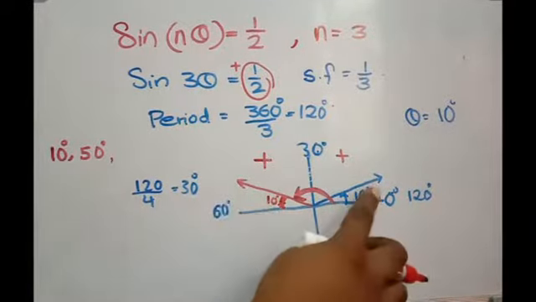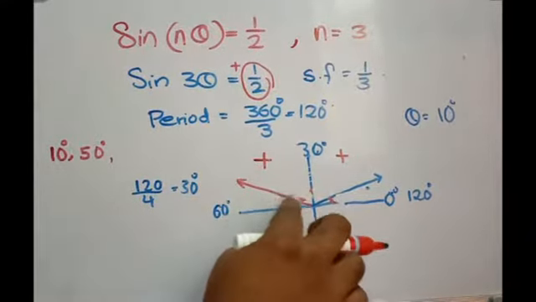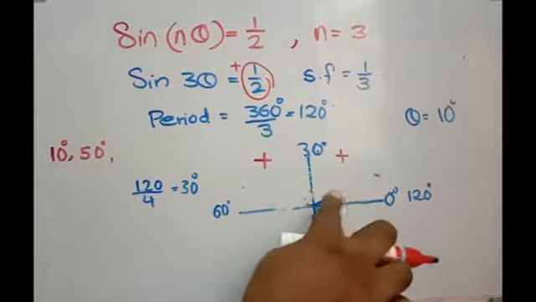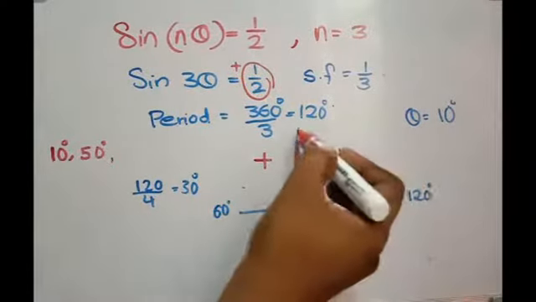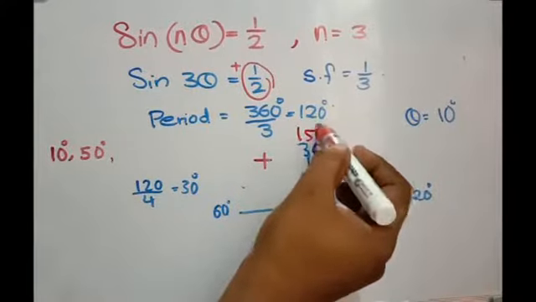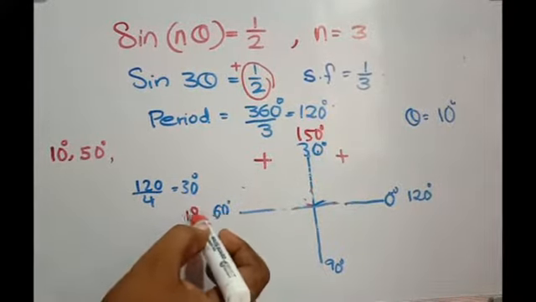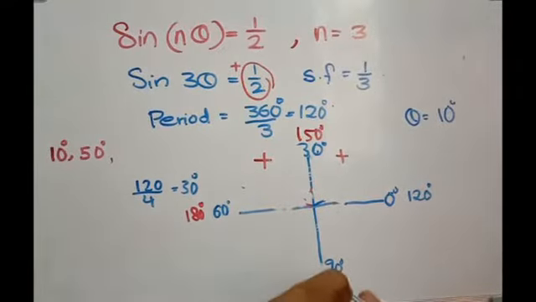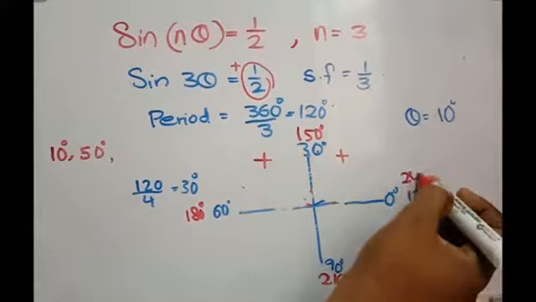Okay. Now let's go for the next part. So we reached till 120. Now it is 150, then 180, 210, 240.